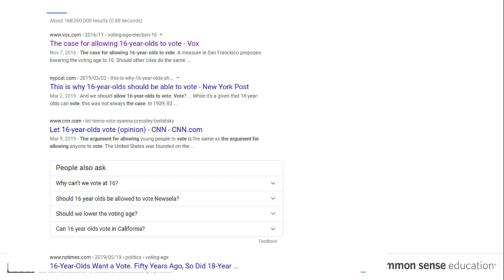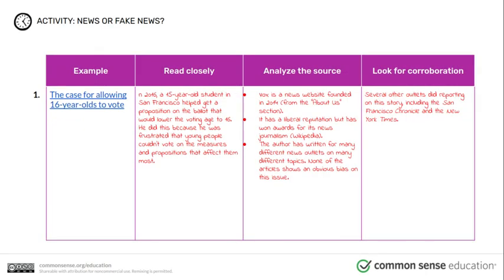So I can find articles that are related to the topic and that support the information. So when I look for the corroboration, I put in the column several other outlets did reporting on the story, including the San Francisco Chronicle and the New York Times.